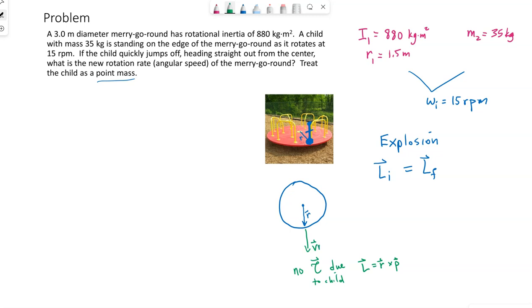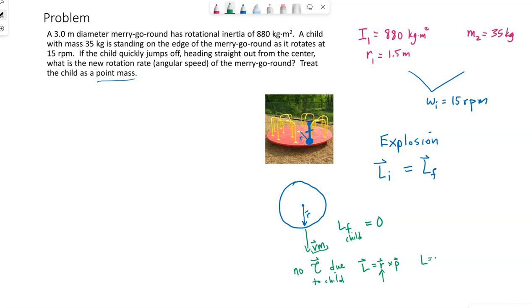But linear momentum is mv, so if I put an m by my velocity, that's my linear momentum. By saying the child jumps straight out, we're saying that the final angular momentum of the child is 0. The child has no motion that is perpendicular to R. This is a cross product equation, just like torque.